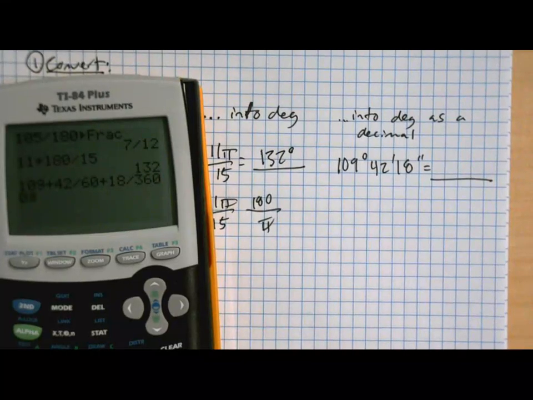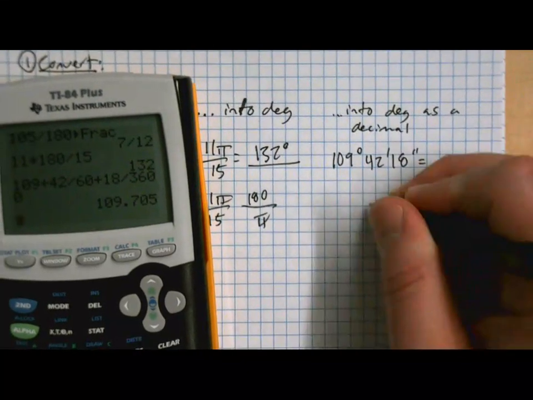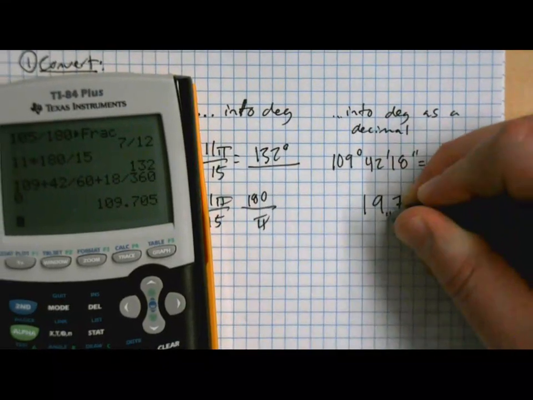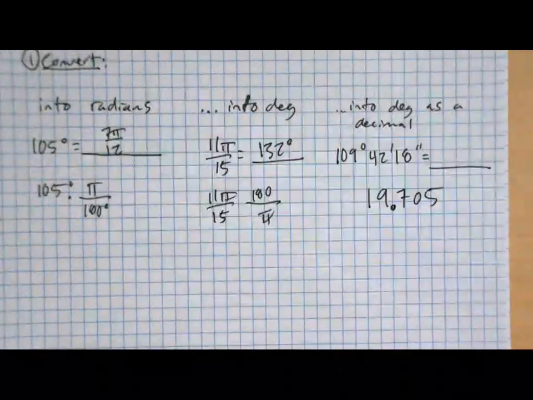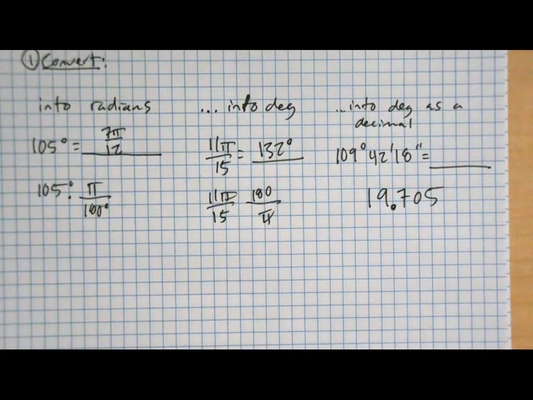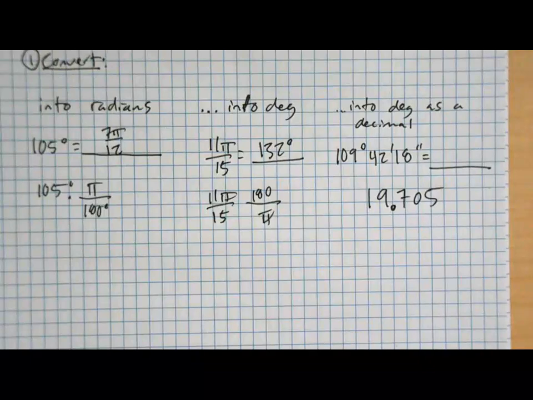And you do not need to show me steps on the test for these three problems, but it might not be a bad idea, just in case you make a mistake. They're worth 2 points each, so if you did show me steps and your answer was wrong, I could give you some partial credit.